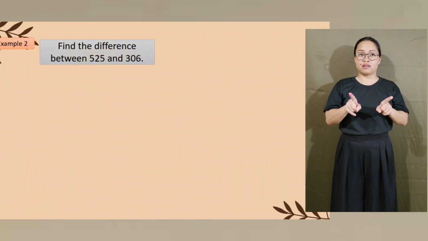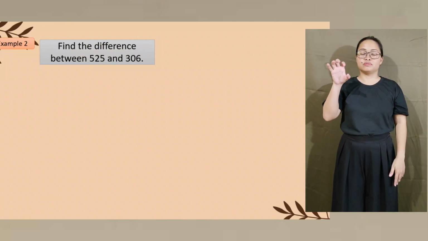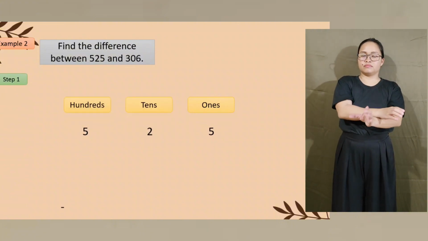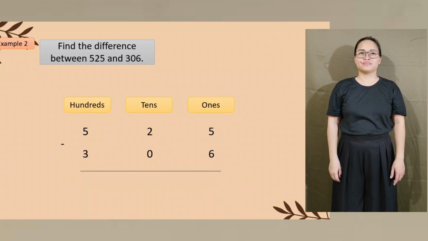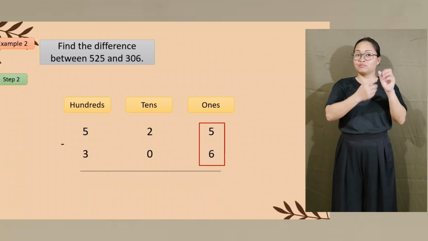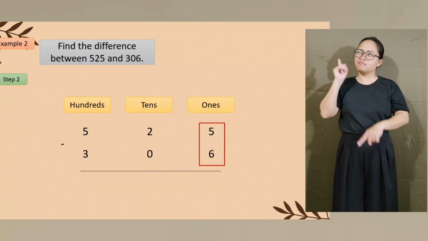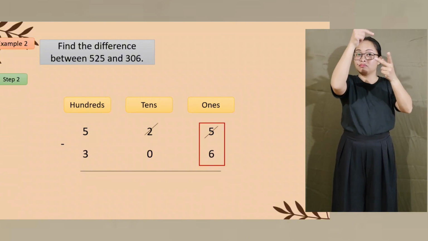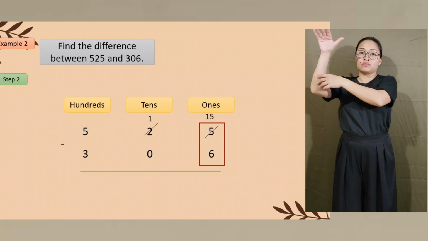Another example. Find the difference between 525 and 306. Now, following the steps, let's align the digits to the respective places. Step 2. Start subtracting in ones place. So 5 minus 6 is not possible, so we need to borrow from tens place. So 2 becomes 1 and 5 becomes 15.